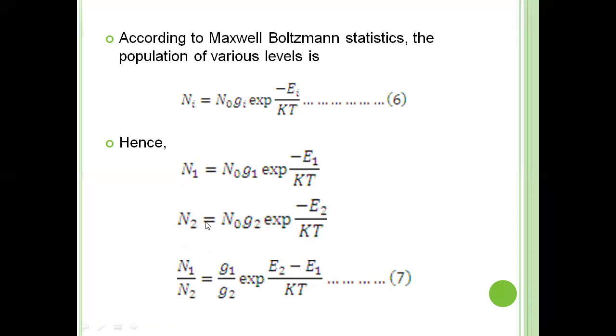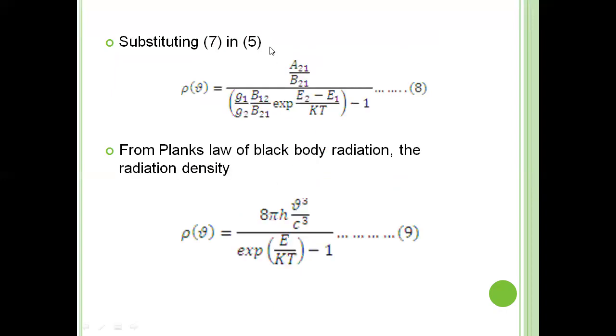If you find the ratio of the number of atoms in the first energy level to the number in the second energy level, you get N1 by N2 equal to G1 by G2 exponential E2 minus E1 by Kt. Replacing this in the above density formula, you get the final expression: A21 by B21 divided by G1 by G2 into B12 by B21 exponential E2 minus E1 by Kt minus 1.